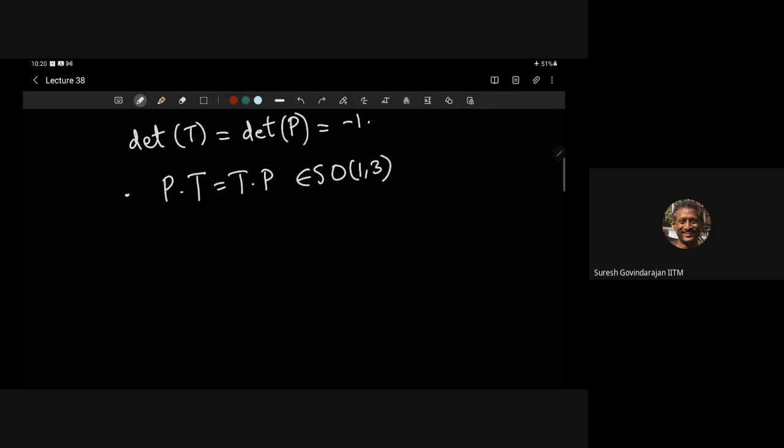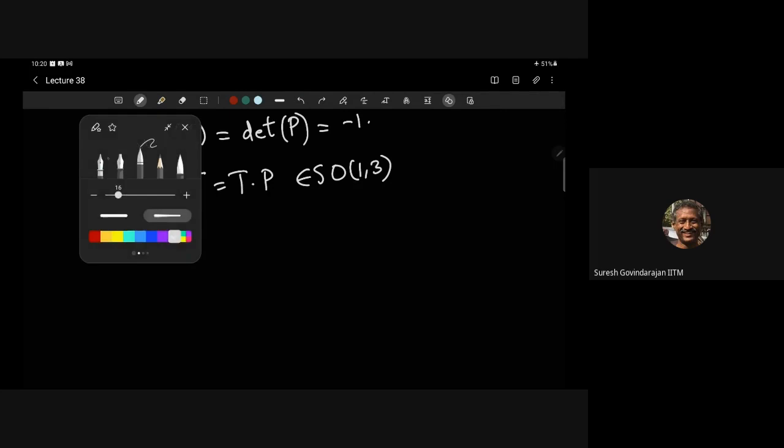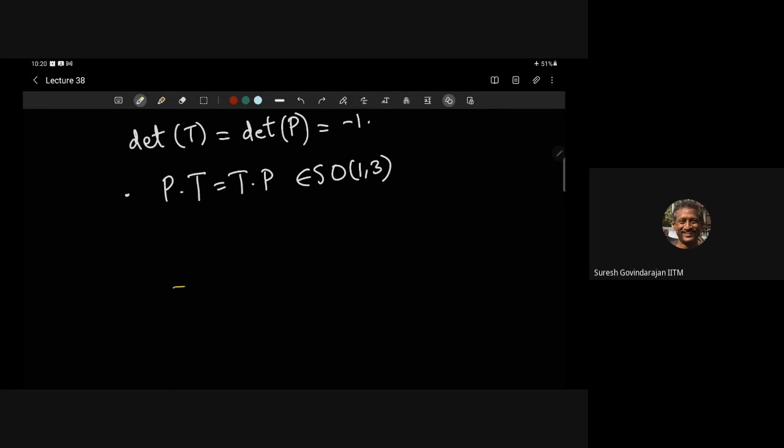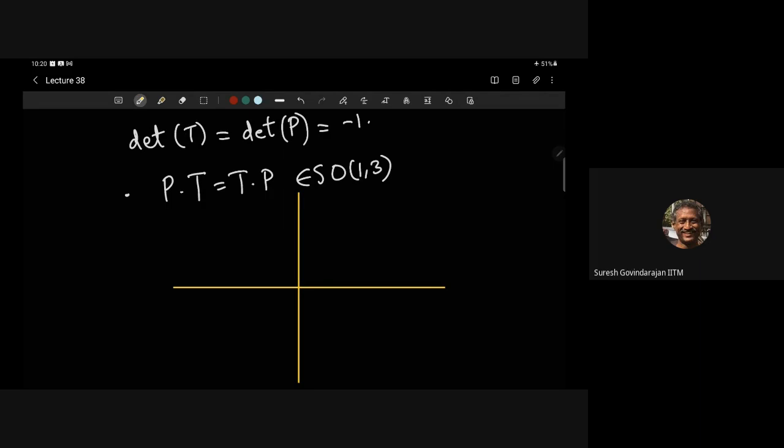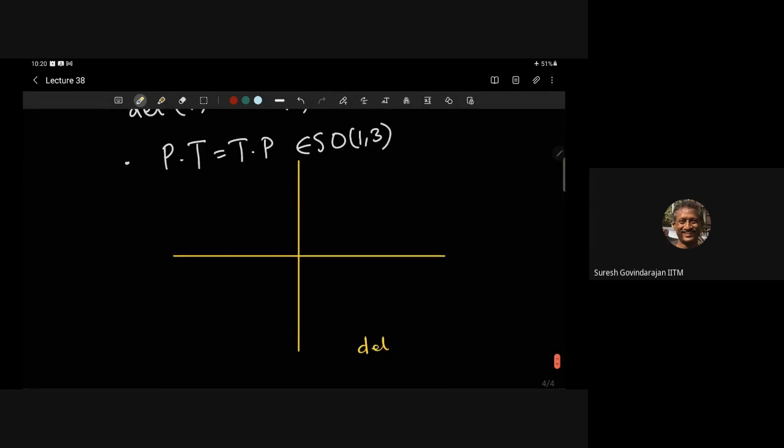Let me draw proper straight lines, in a different color. Let's say that this side is determinant positive, and this is T positive.